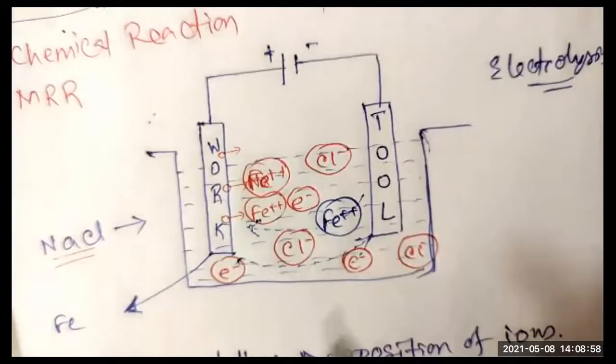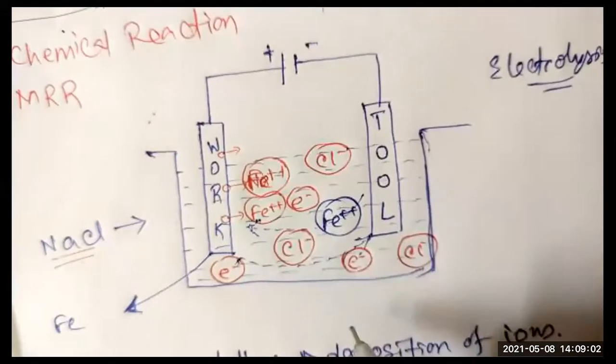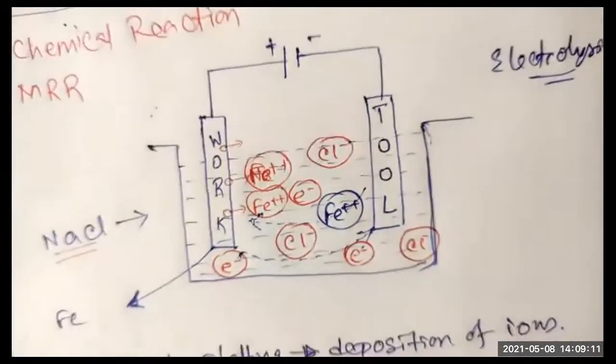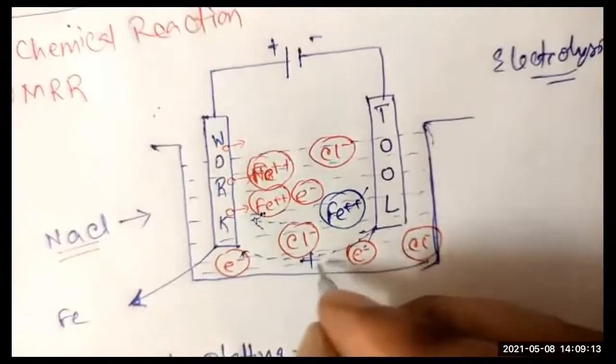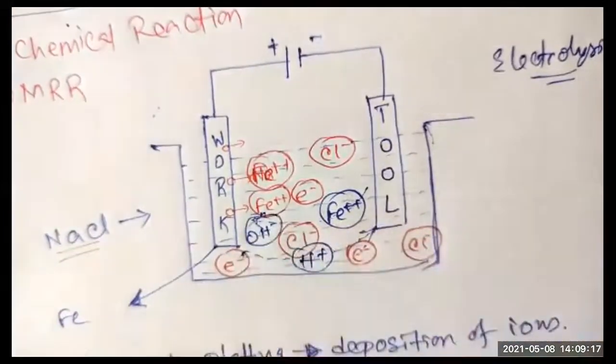Now what happens in this solution? We will have water also present, along with the NaCl. Because of that we will have H plus ions and OH minus ions, many of them.